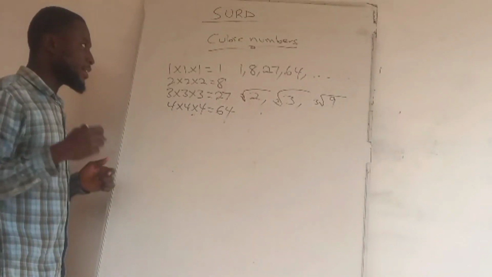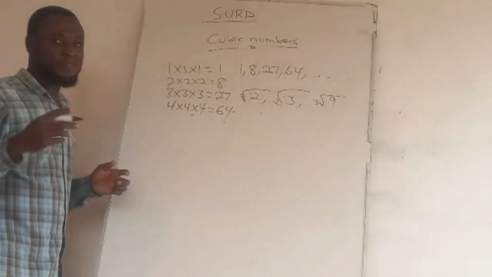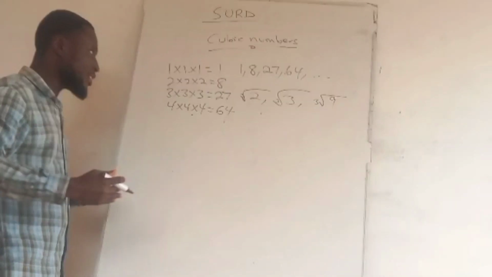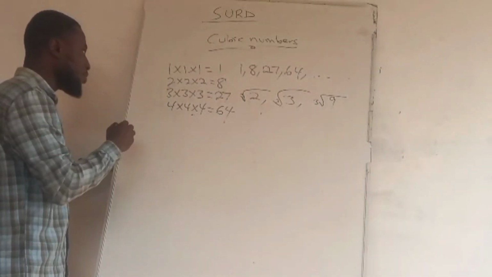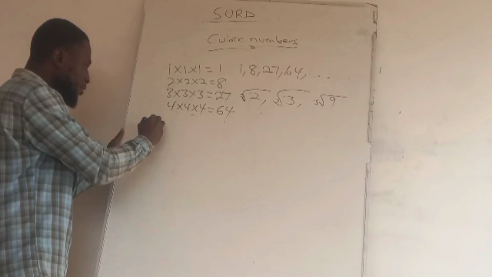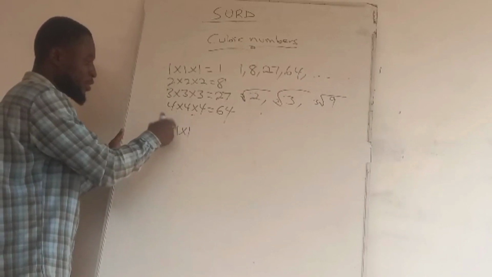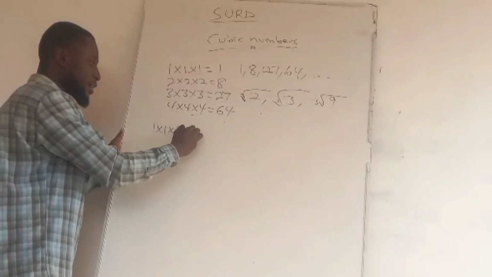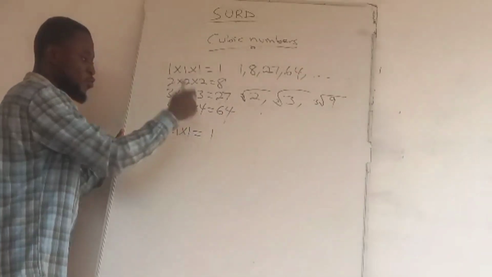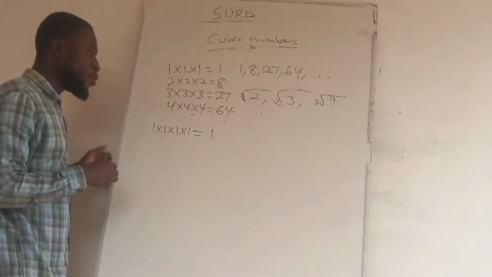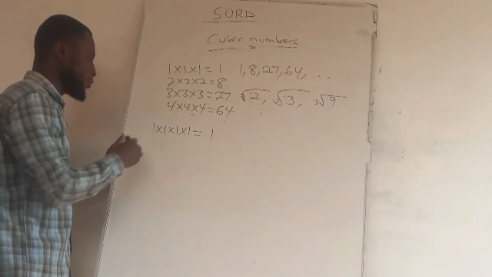When we talk of the quartic numbers, that's the one with order 4. After cubic numbers, the next one is quartic numbers, the one with order 4. So for that one, let's say you have 1 times 1 times 1 times 1. 1, 2, 3, 4, multiplied by itself 4 times. So you have 1. So 1 is a quartic number, or a number of order 4.